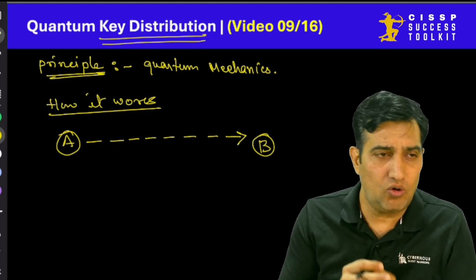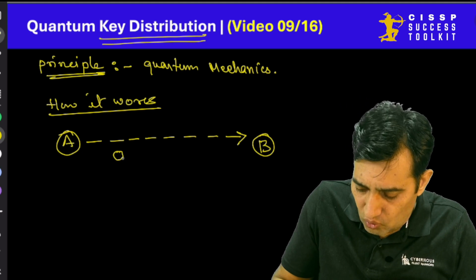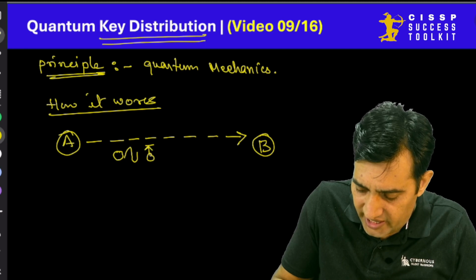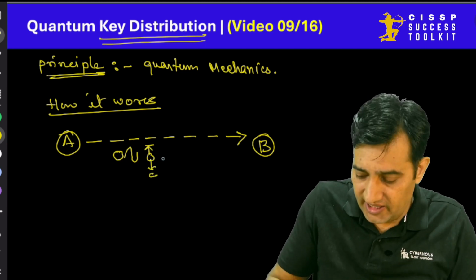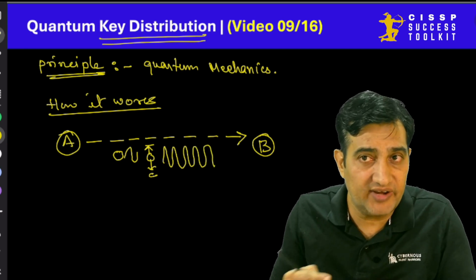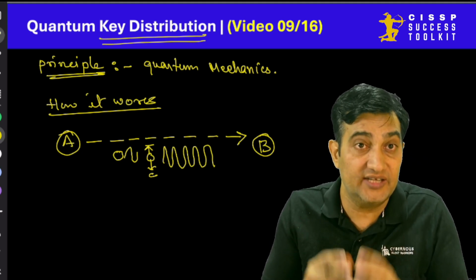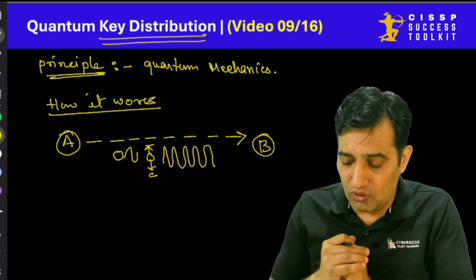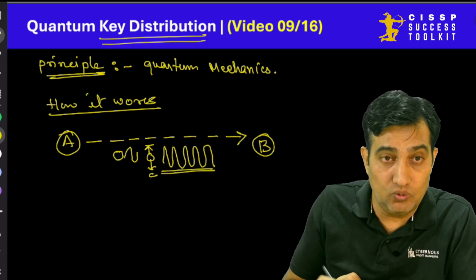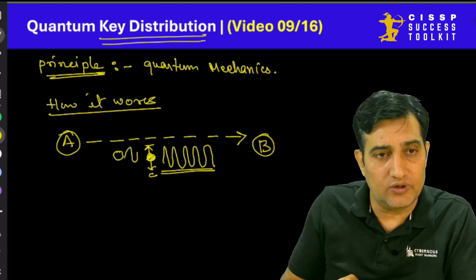Now, normally a photon is oscillating, going from point A to point B, then to point C, and it keeps on doing this. It is traveling in a wave kind of thing, and there is no fixed direction of a photon when it is traveling from point A to point B. So when Mr. A wants to send a message to Mr. B, they don't want that random movement of the photon.